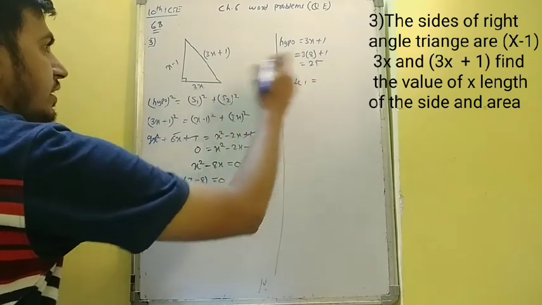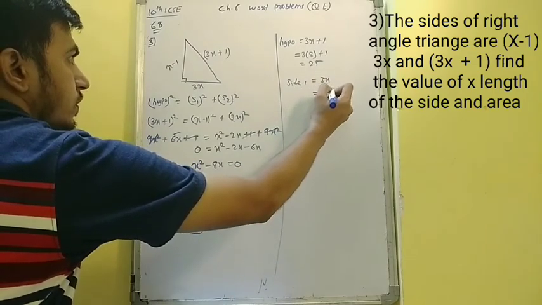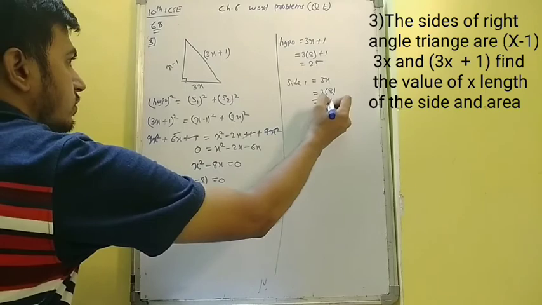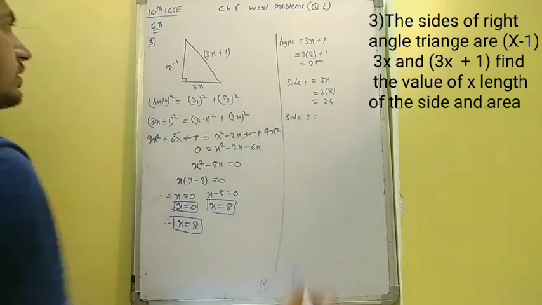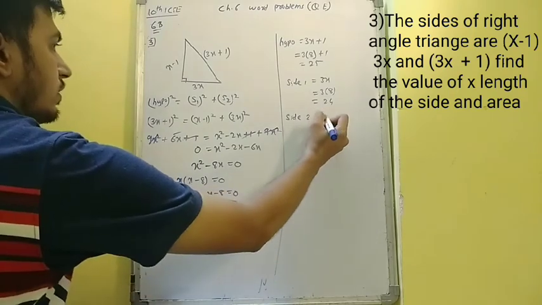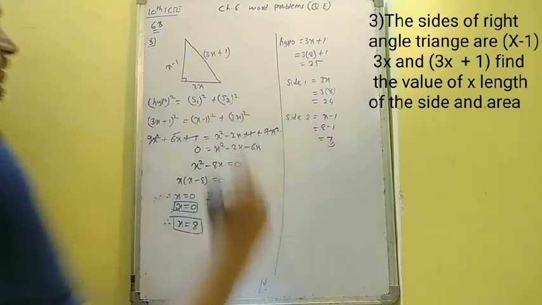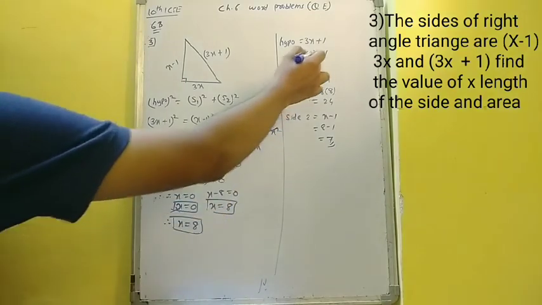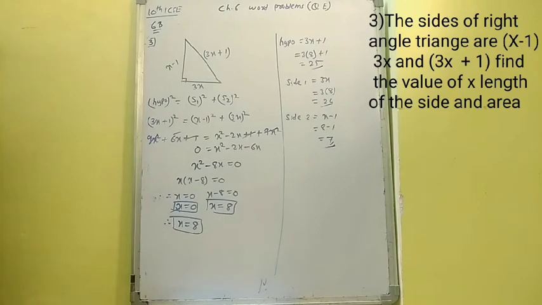Side 1, that is 3x, 3 into x is 8, so it is 24, and side 2 is x minus 1, that is 8 minus 1, which is 7. So the sides of the triangle are 25, 24 and 7. Okay.